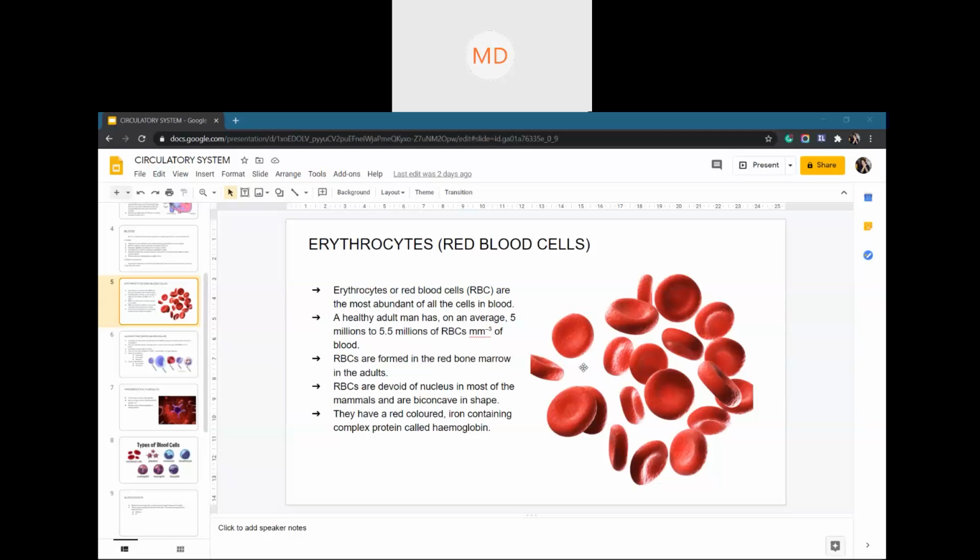Now what gives the red color to that hemoglobin molecule? It is the iron. So I'll just give you an example. Most of you have eaten a banana flower, that is koldil in Assamese.